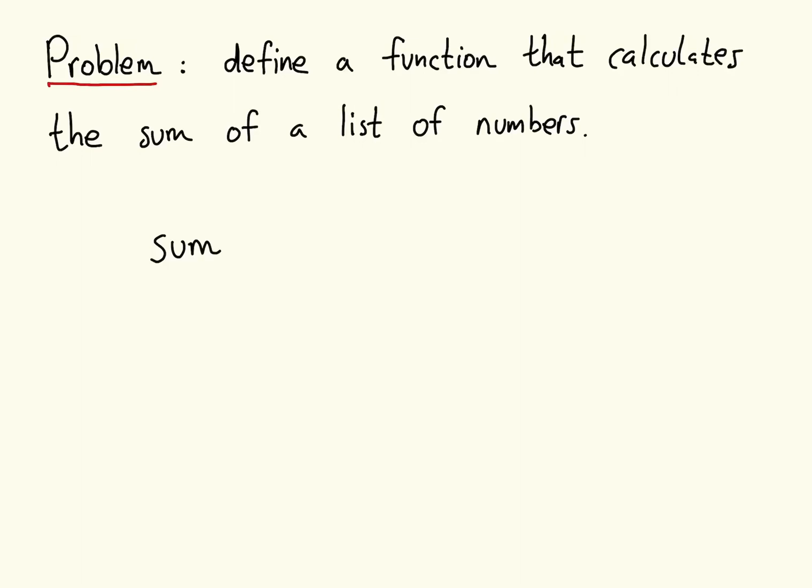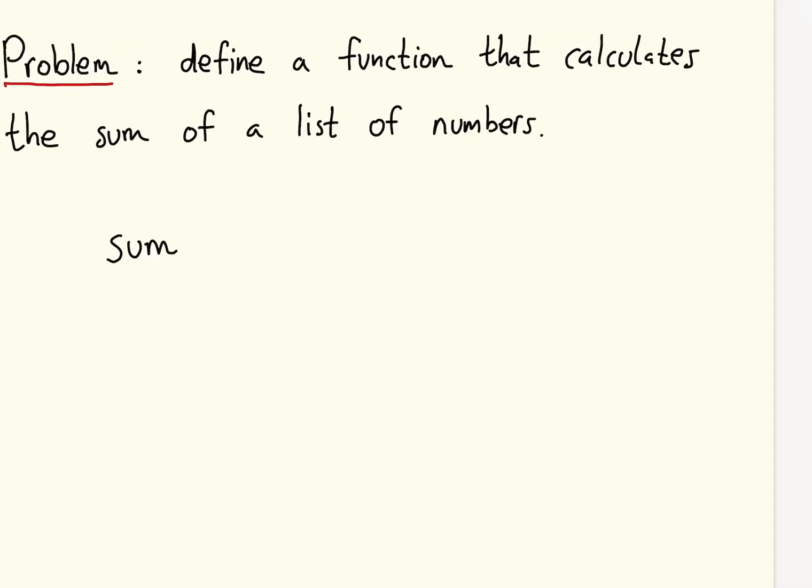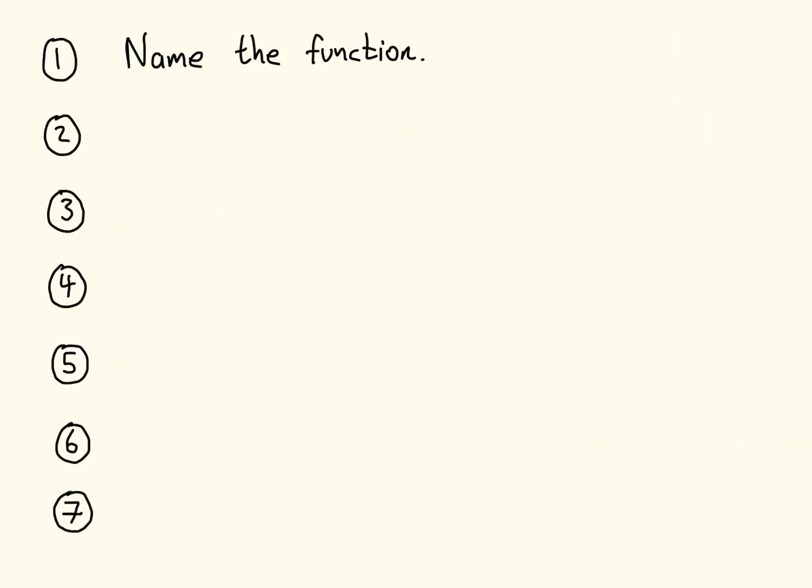We don't call it sum of a list or sum numbers or something like that. We just have a very simple one-word name for the function. Okay, so that's the first step. And again, the point I wanted to mention is you try and be very concise when you're writing things in functional languages.